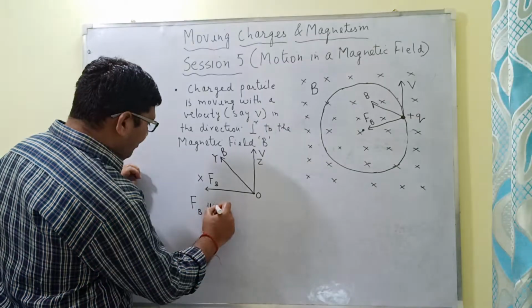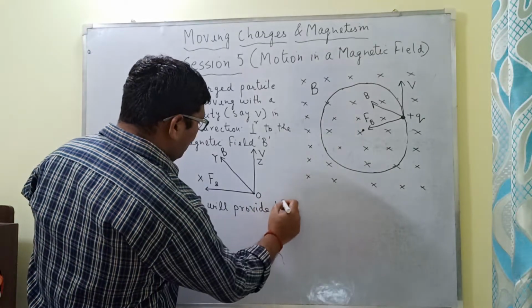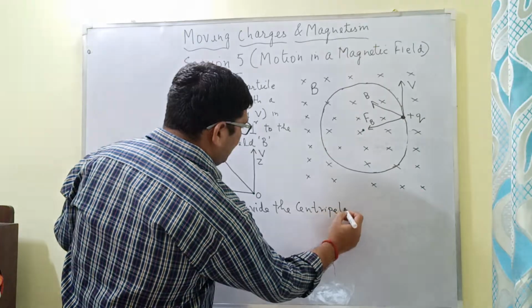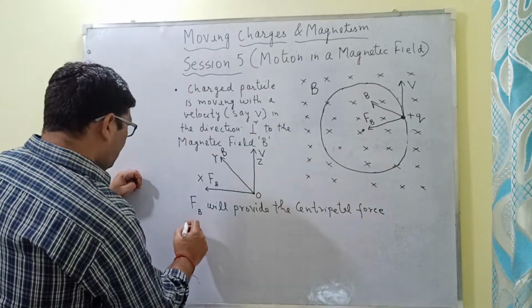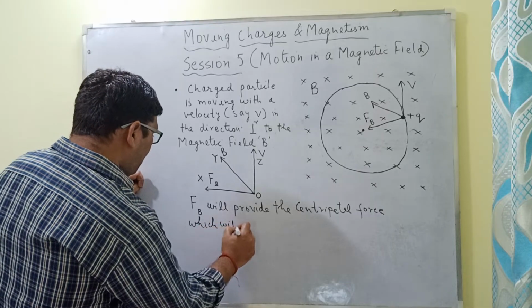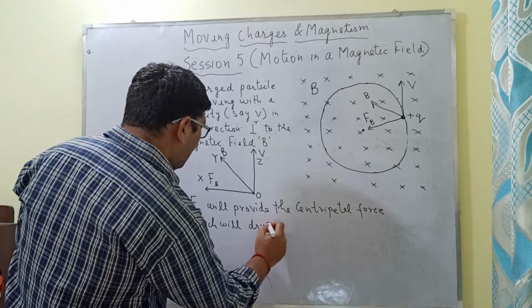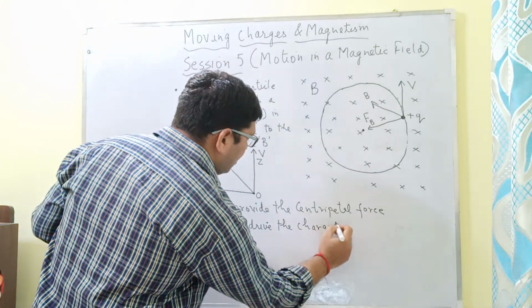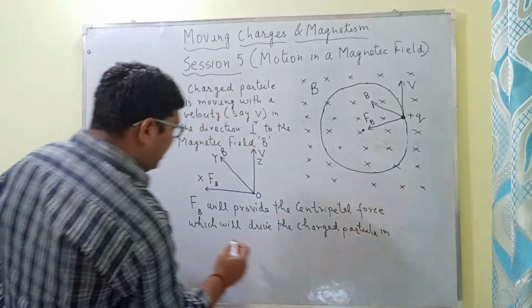So FB will provide the centripetal force which will drive the charged particle in a circular path.